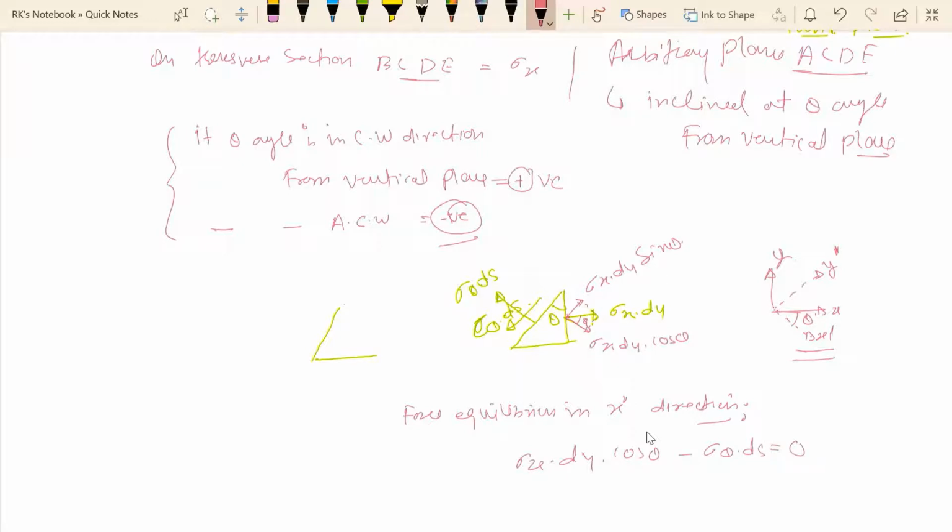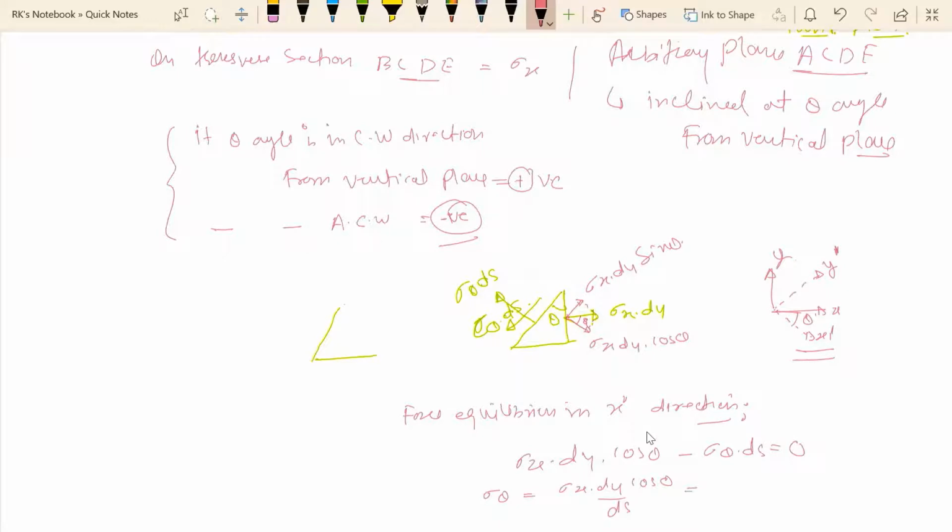Or we can write sigma theta is equal to sigma x dy cos theta divided by ds.